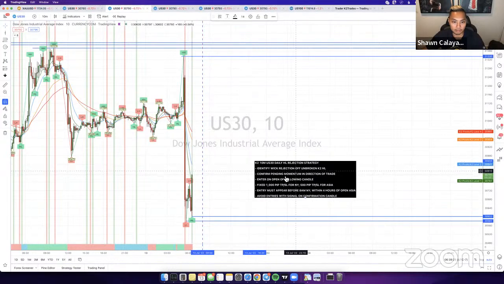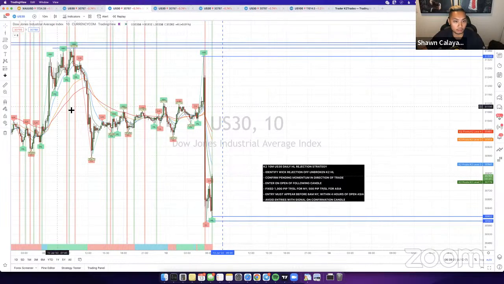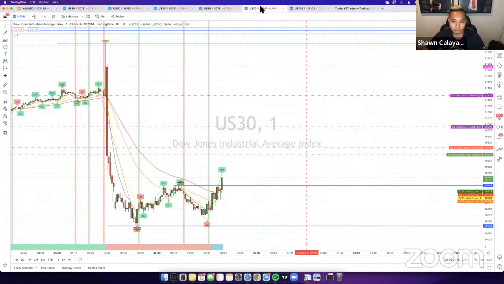All right, so back to the 1 minute. So there's no entry here yet. I'll come back to it later. But back to the 1 minute over here. Here we go, as price pushes up. So price is currently pushing up right now, but I do expect it to come back down eventually.